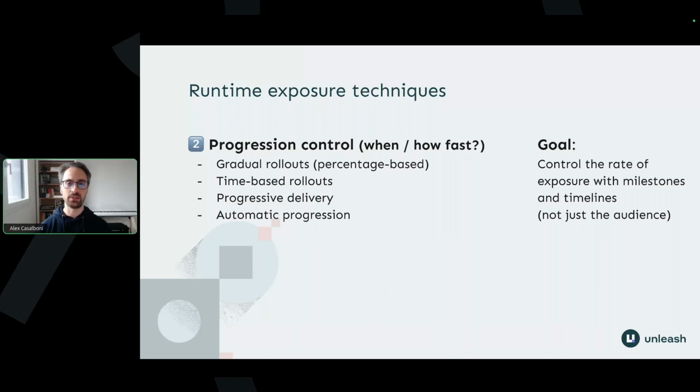Now, here the goal is to control the rate of exposure with specific and reusable milestones, ideally. So you don't want to reinvent the wheel every single time you're pushing out new code. Ideally you want to centrally define your process and roll it out the same way every time and handle exceptions as you go.